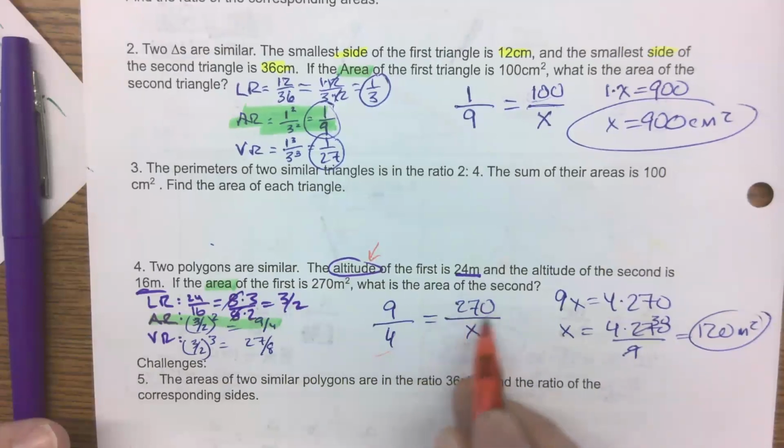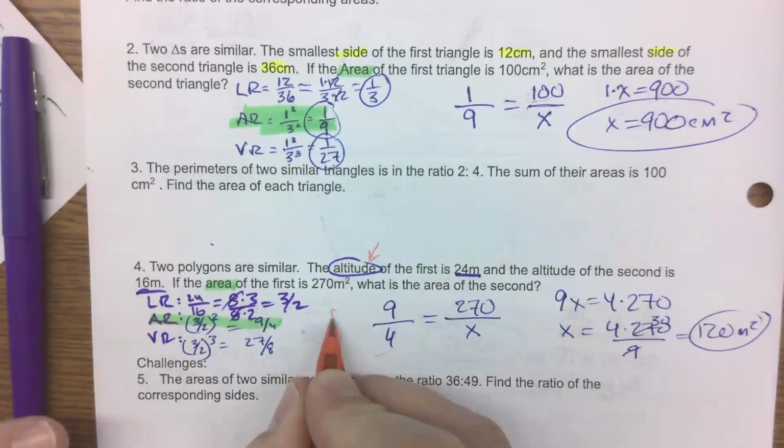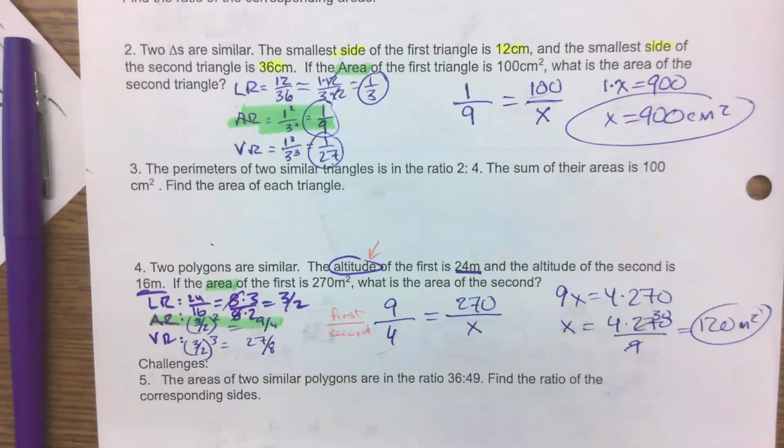Good. How did I know to put the 270 on top and not on the bottom? Because the altitude of the first is 9, and you know the area of it, but you don't know the area of the second one, which is on the bottom. Right. When I created my length ratio, I did the first over the second.